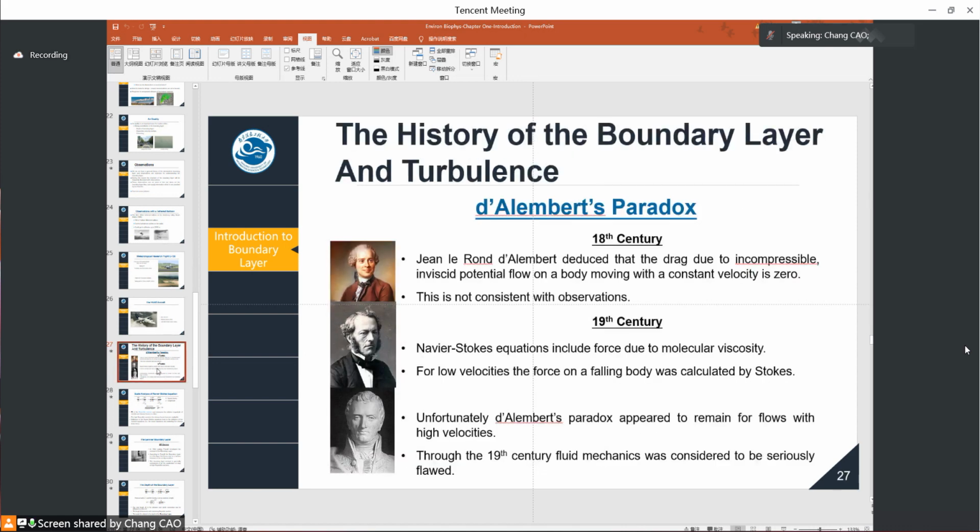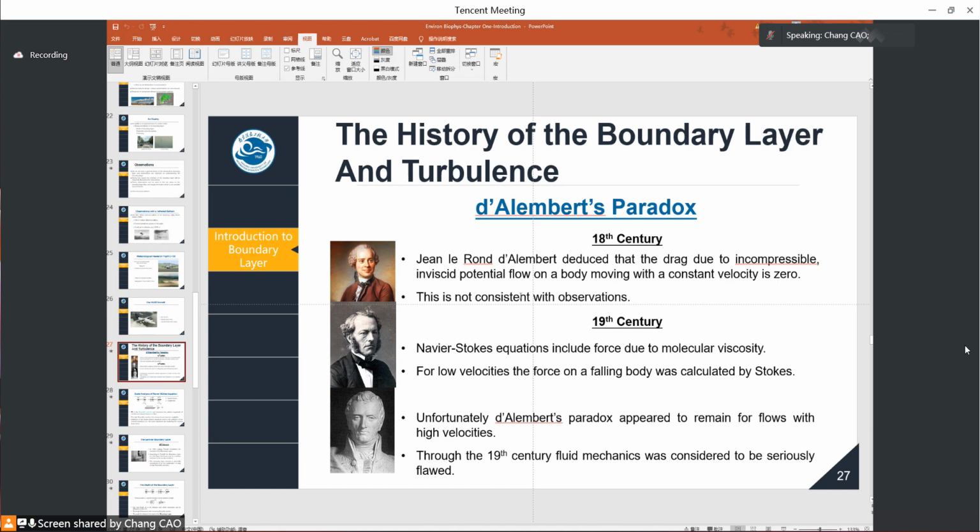And in this part, we talk about D'Alembert's paradox. Here we just need to know that the paradox refers to the fact that D'Alembert thought that the drag due to incompressible, inviscid potential flow on a body moving with a constant velocity is zero.